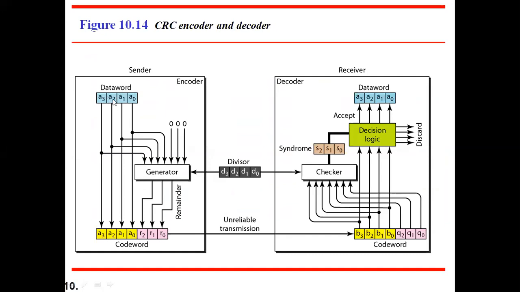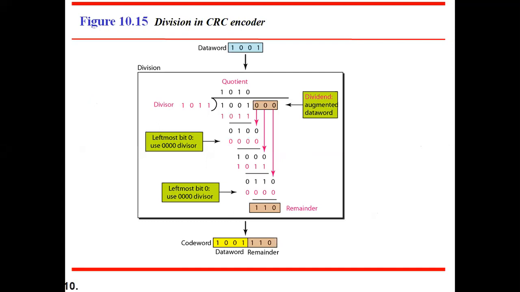Here there are 4 data bits, so 3 zeros are added, making 4 plus 3, a total of 7 bits. This is divided using the division operation, and the remainder we get is added here, and it becomes the code word. Then it is transmitted in the same way and arrives at the receiver side. The receiver again extracts the remainder part and gets the code word. Instead of going through this, we'll see an example directly.